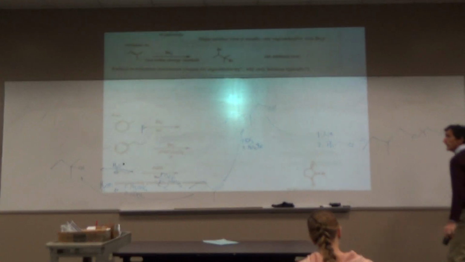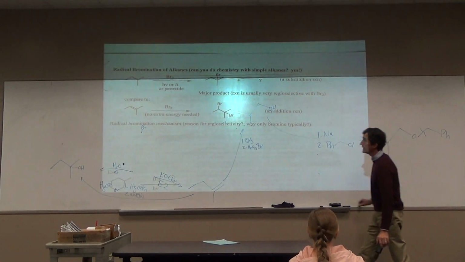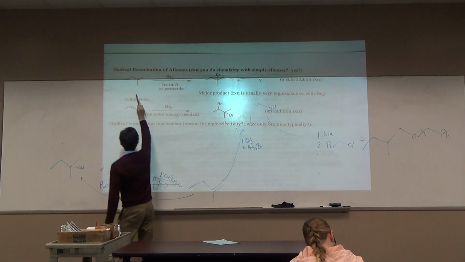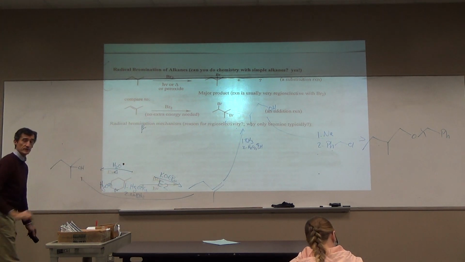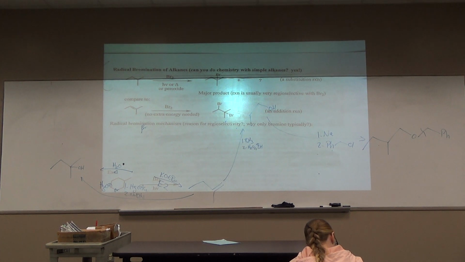Ultimately, where did this come from? How did we make that? We know how we put the leaving group on, radical bromination. Where did the alkane come from? The ground, from oil. Hydrocarbon, okay?